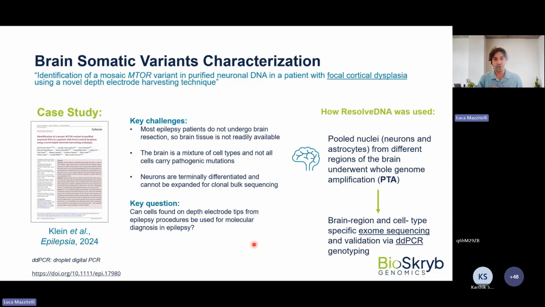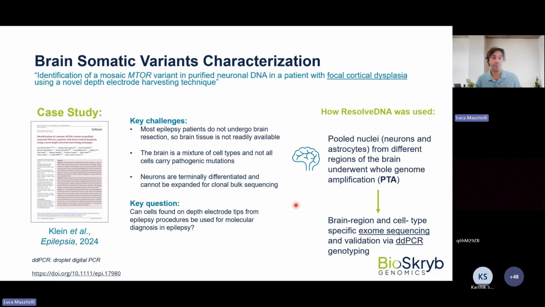They used an electrode to puncture the brain of the patients, and then they take out the electrode, and on the tip of the electrode there are a few cells, so they wash off those few cells, and then they perform whole genome amplification using PTA.